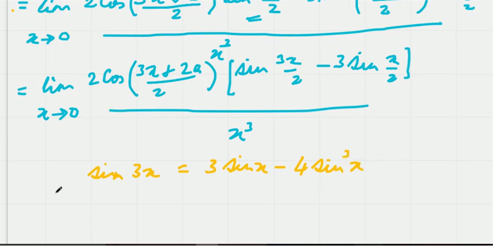While we are at it, let me also write the formula for cos 3x: cos 3x is going to be 4 cos cube x minus 3 cos x. So we use the first formula, sine 3x, to break sine 3x upon 2 into 2 terms.